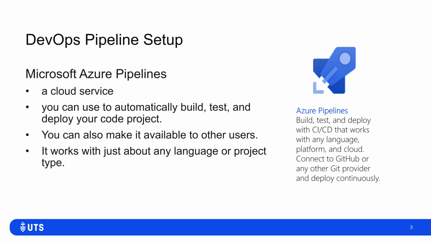And you can also make it available to other users very easily by adding users to your project and your pipeline setups, and it works with just about any language or project type.